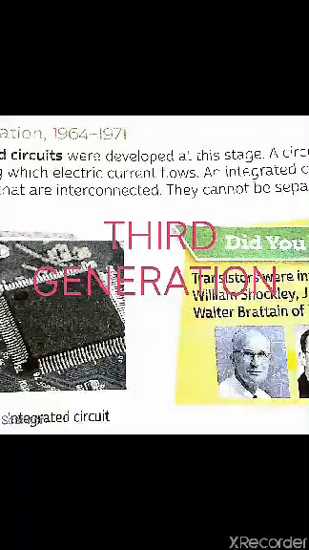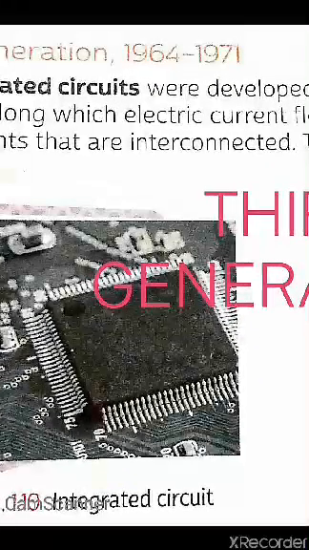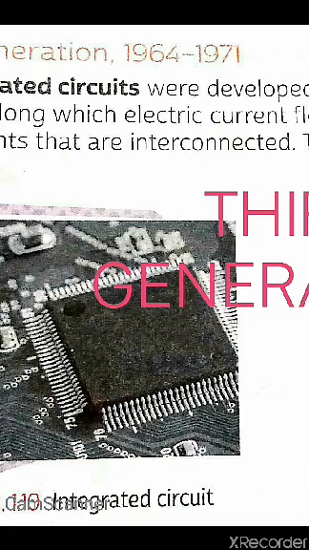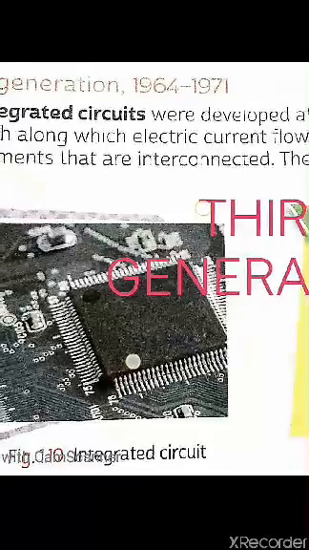Now, come to third generation. It took place from 1964 to 1971. Integrated circuits were developed during this stage. See, this is a diagram of integrated circuit. Transistors became smaller and were placed on silicon chips called semiconductors. This increased the speed of computers.